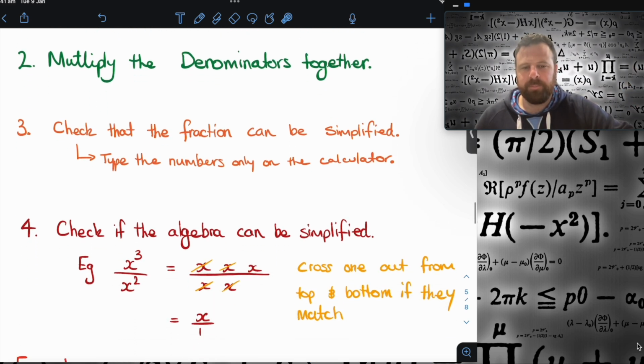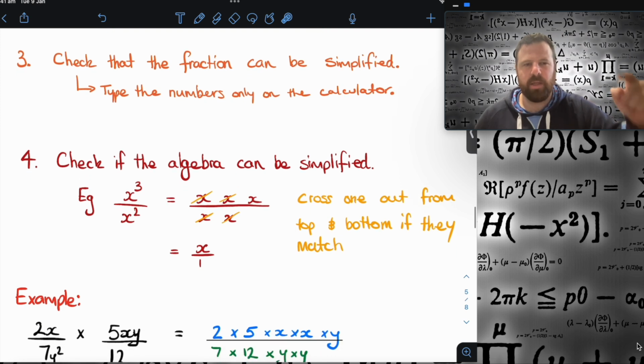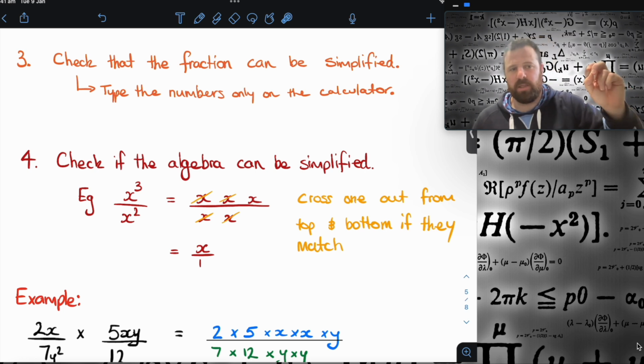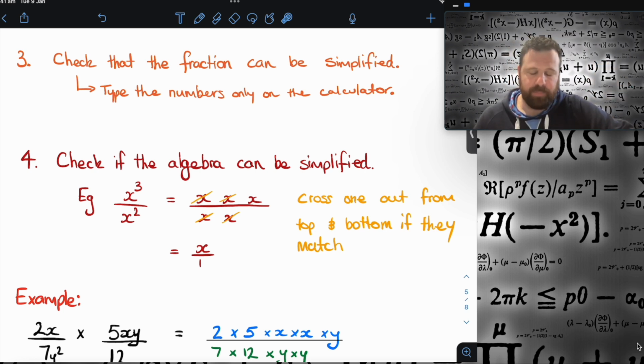And finally, can I simplify the algebra? Is there an algebraic term in the numerator and in the denominator that I can cross out? Remember, I can only cross out one from the top and the bottom if they match. So that's it. If you're not sure, there's a link here that takes us back to talking about multiplying fractions, and you can watch that video.